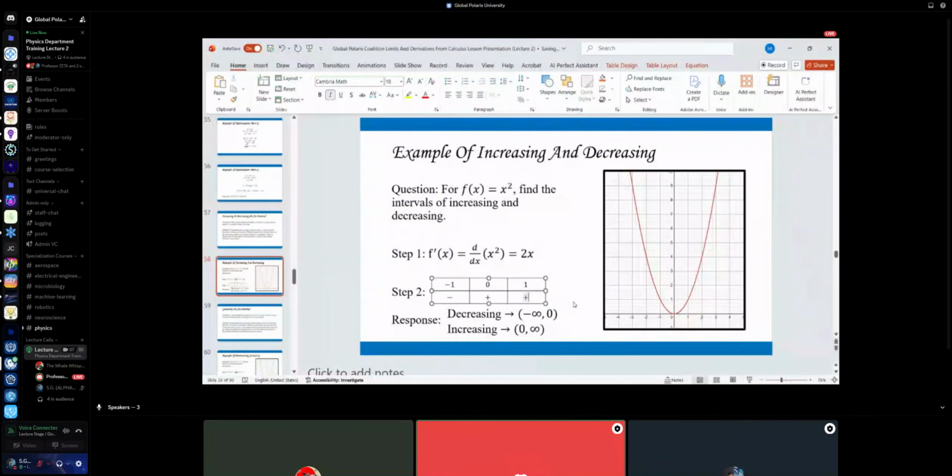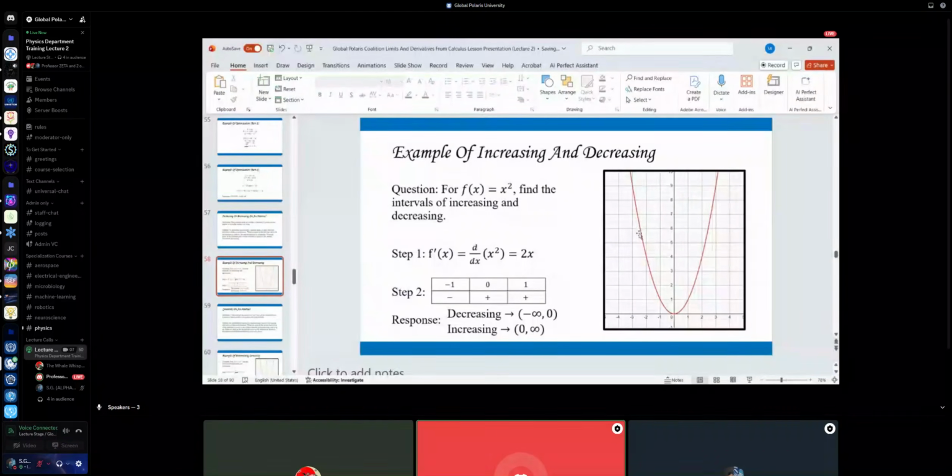This is supposed to be plus. So if you see right here that the derivative is 2x, we put in values. 0 will give us 0, 1 will give us 2, and negative 1 will give us negative 2.